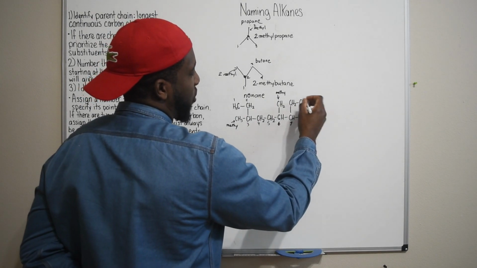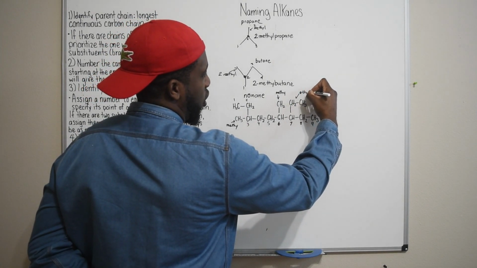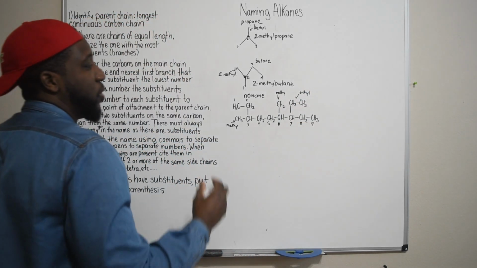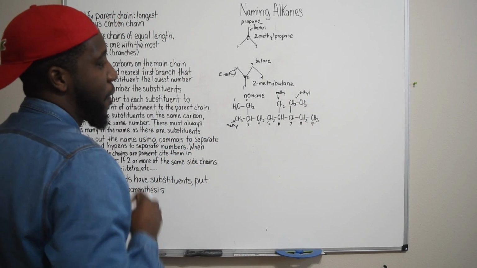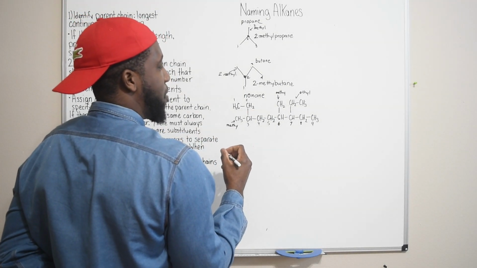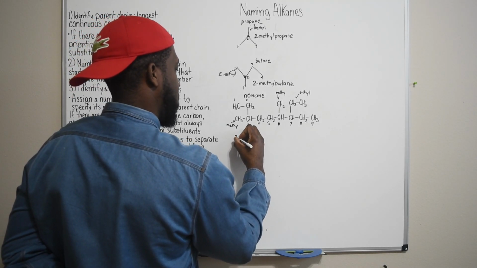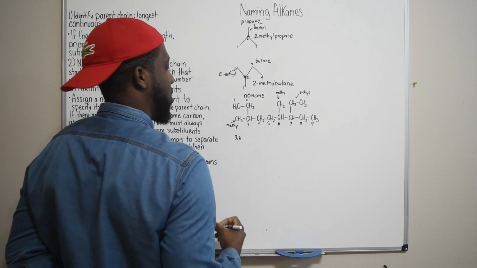Then we have an ethyl group. Remember, ethyl is 2 carbons. We have an ethyl group on carbon 7. So what is it going to be? We have 3, 6.